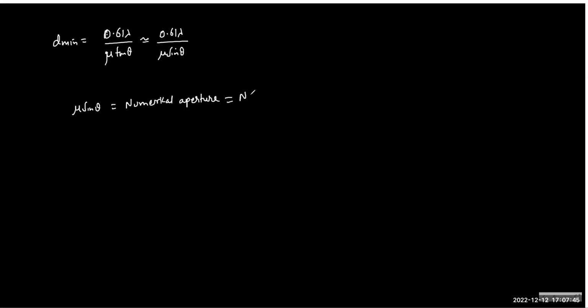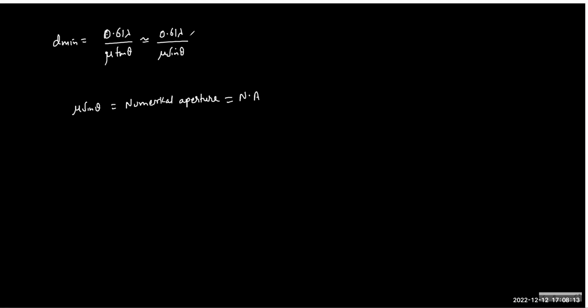And generally, when you go and buy a microscope, they will mention the NA, the numerical aperture value, on the box or somewhere. So it's like this value already. This is why it is required, because if you choose the lambda in the visible range, you exactly know what kind of a D minimum you can find.